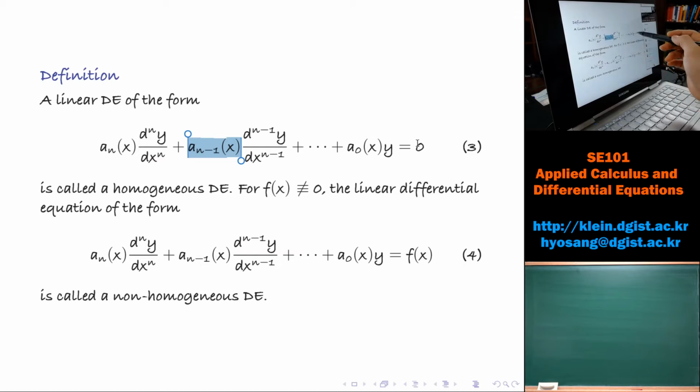Now, if the right-hand side part is 0, then it's called a homogeneous differential equation. And if in general we have an f of x part in here, and it is not 0, then we call this a non-homogeneous differential equation.